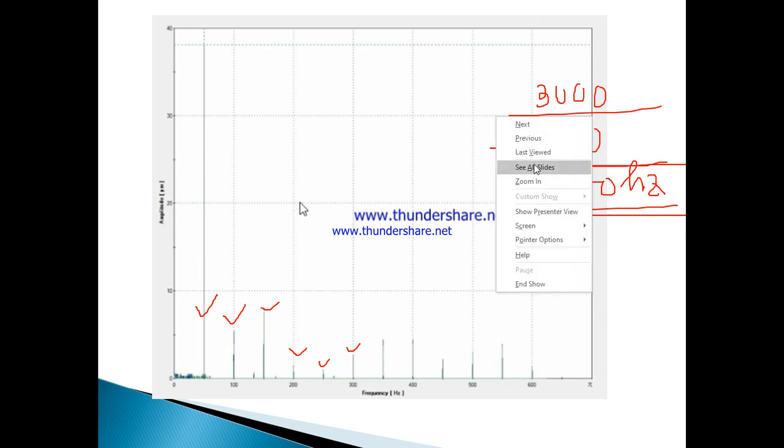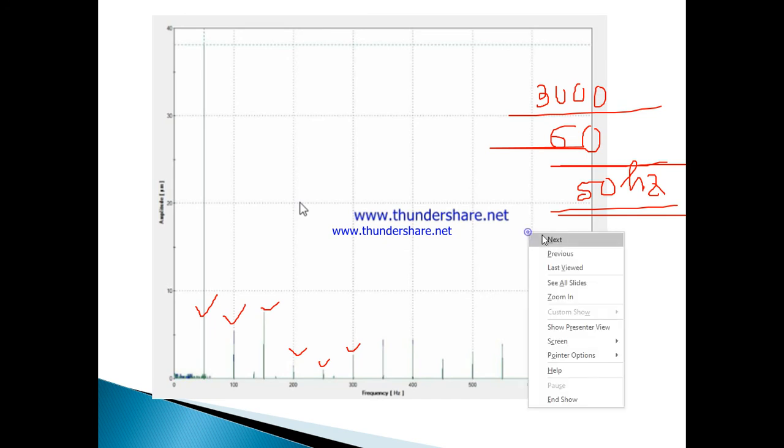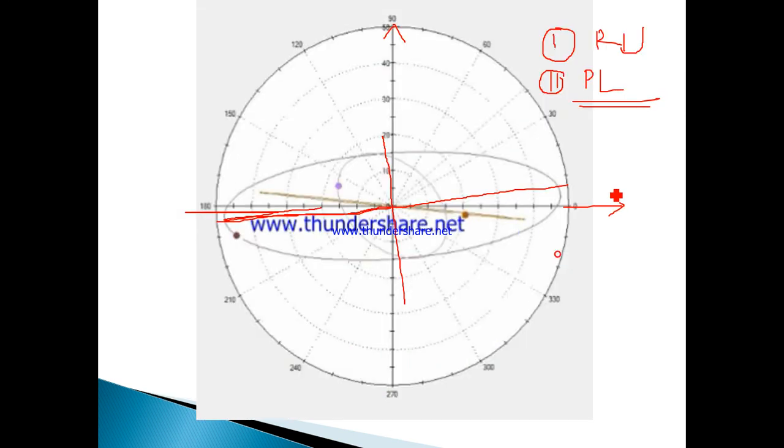So far, whatever we learned, for this particular case we can tell definitely there is some residual unbalance and some preload.